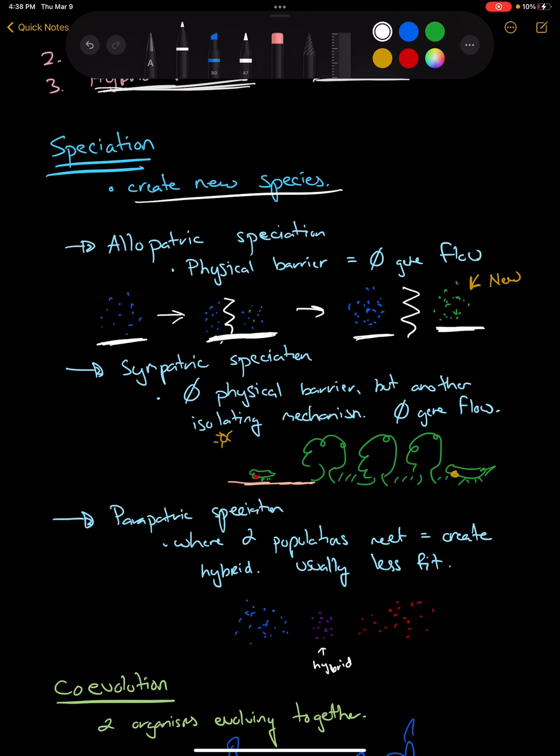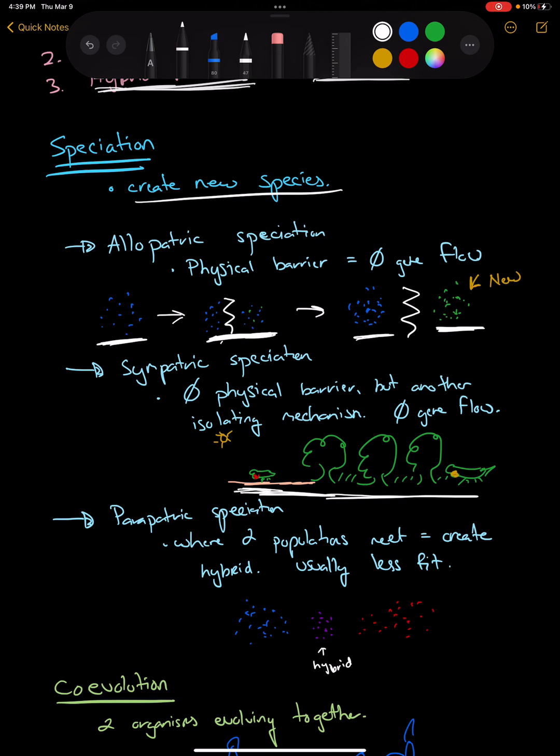Or you can have sympatric speciation. Sympatric speciation is when there's no physical barrier, but another isolating mechanism, so you don't get gene flow. What this showed was you have trees and it's shady over here, and then you have sunlight over here. These are lizards. The lizards with the yellow neck are easier to see under the trees because it's darker and the yellow stands out.